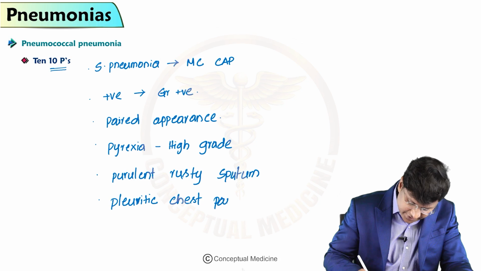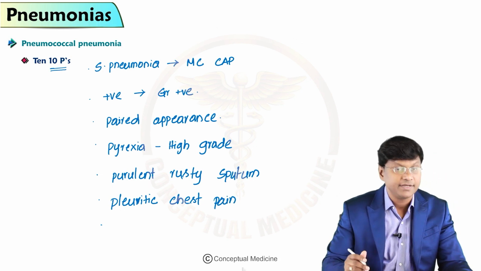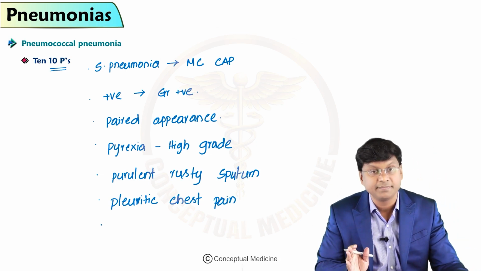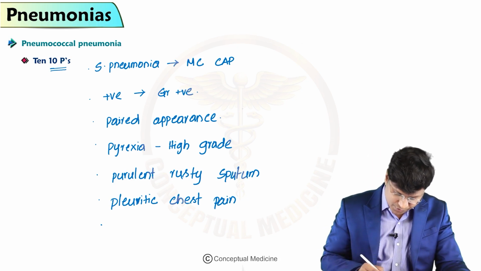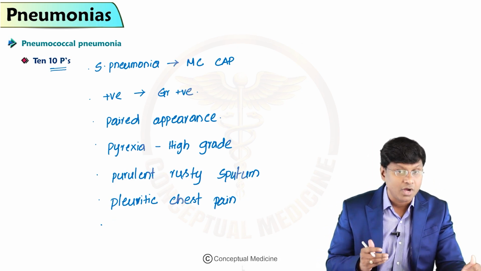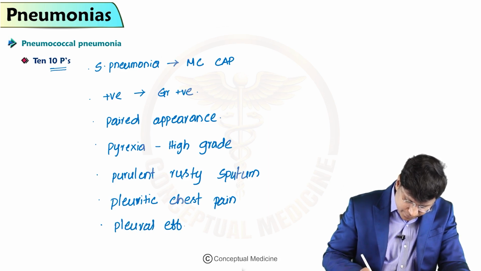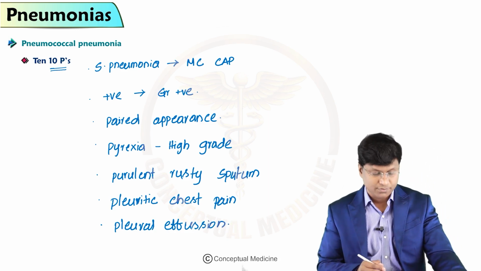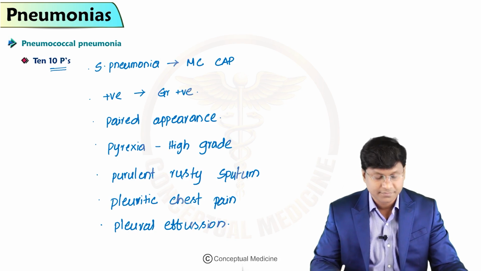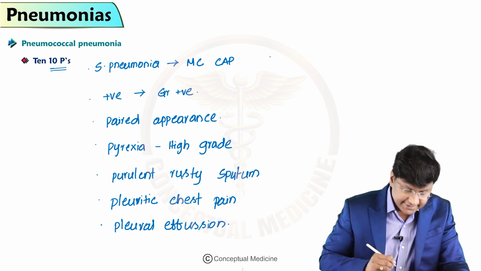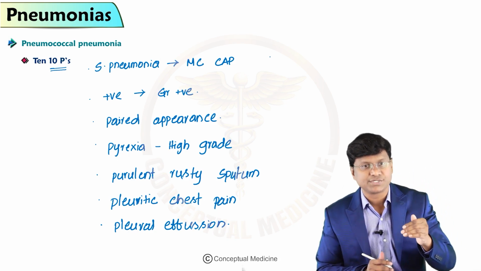So pleuritic chest pain is the feature secondary to pleural effusion that you will have in patients with Streptococcus pneumoniae. So what is a common complication? That is pleural effusion. That is another P. Pleural effusion is another important complication of pneumococcal pneumonia. And another important P is that it pretends, which one?